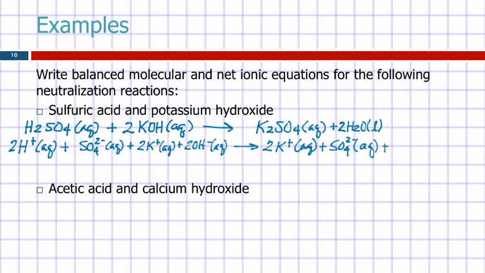And then the water molecules do not get separated because those are liquids. It's a molecular compound, H2O liquid. So there's our ionic equation, and then to do the net ionic equation, we cross out the spectators. So spectators, we got sulfate on both sides, and we've got 2 potassium ions on both sides. And copying down what's left, we've got 2H plus and 2 hydroxides.